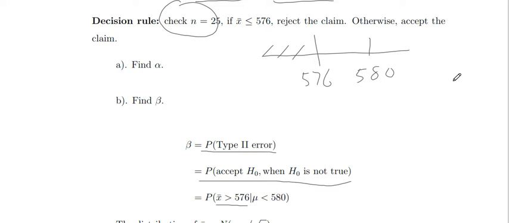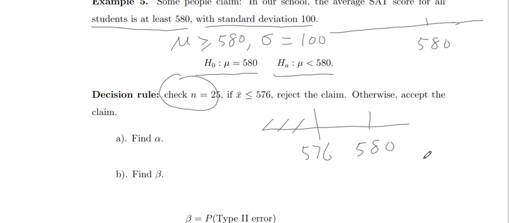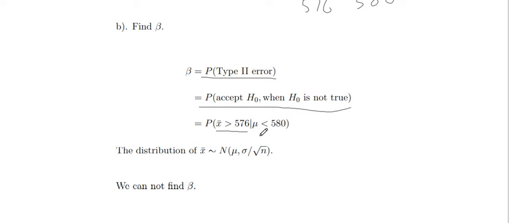So when H0 is not true, we have to choose HA. So we know mu will be less than 580.